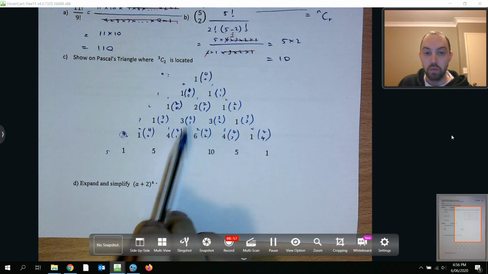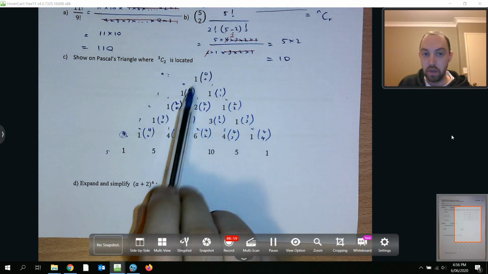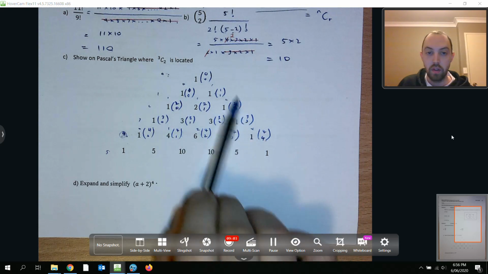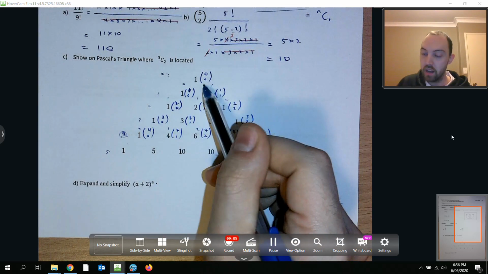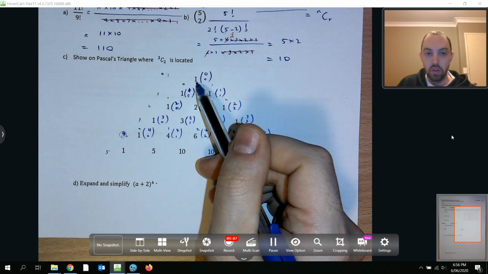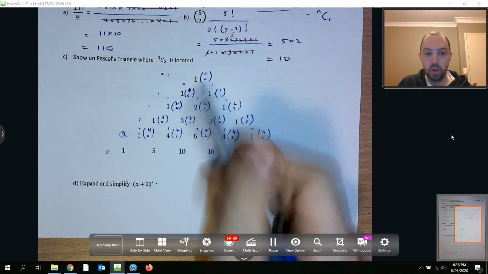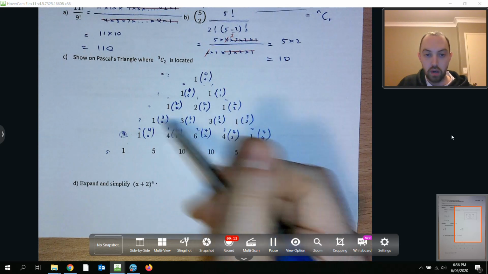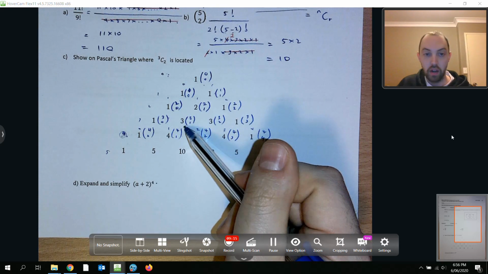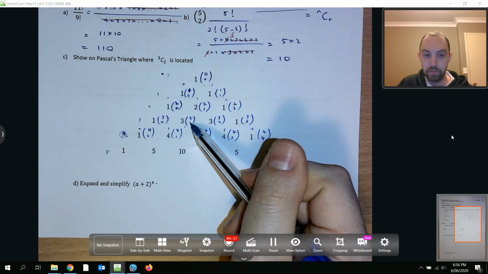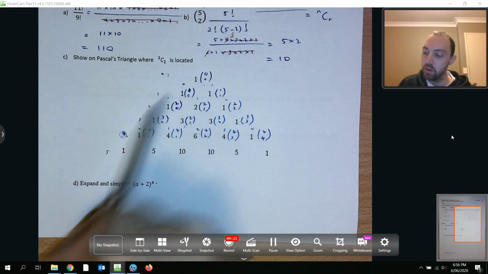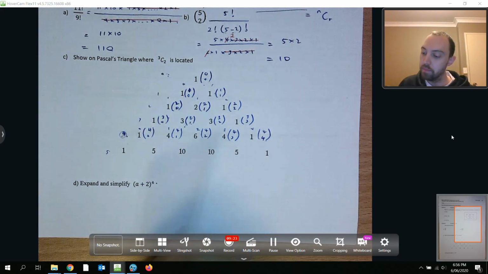Pascal's triangle links directly to our choose function, so it could be the choose notation that I've written next to Pascal's triangle here. So 1 is 0 choose 0. 3 here, let's say there, is 3 choose 1. We're in the 4th row technically, but because we started with 0, it's 3 here, and so on.